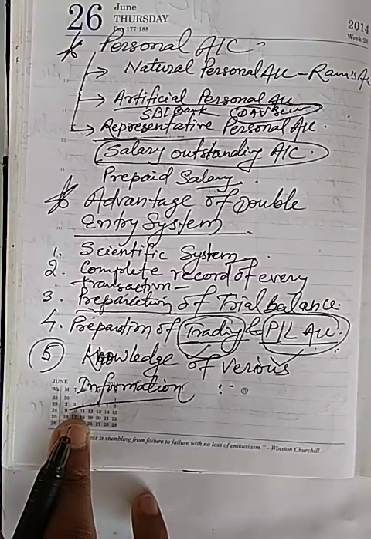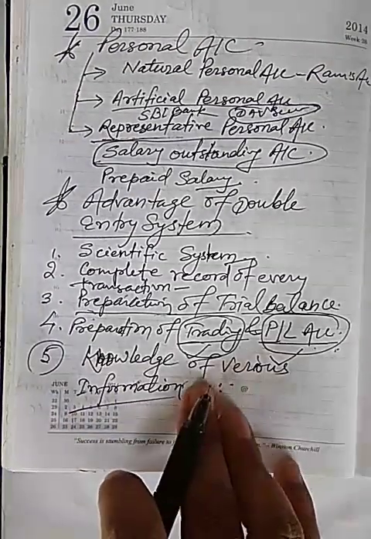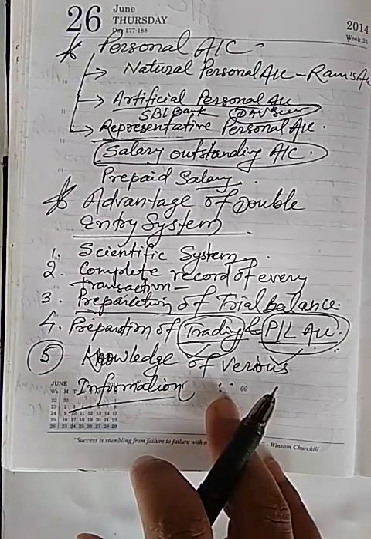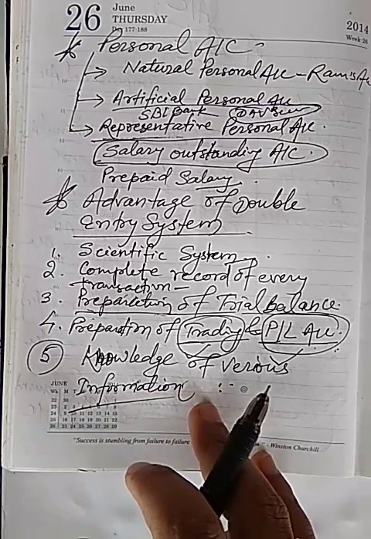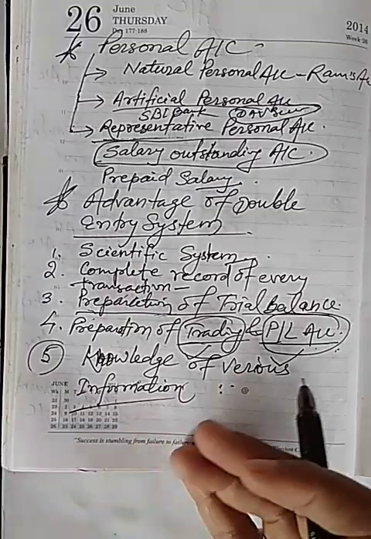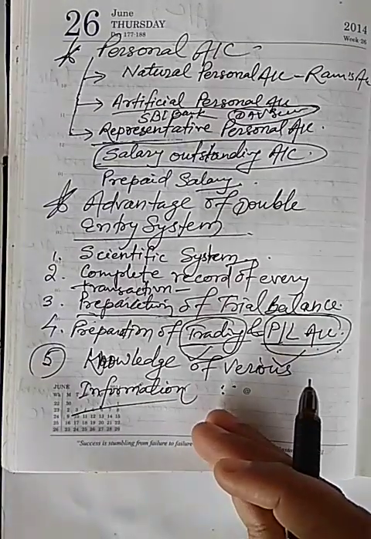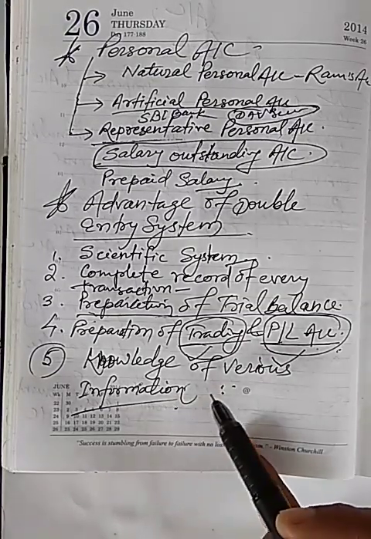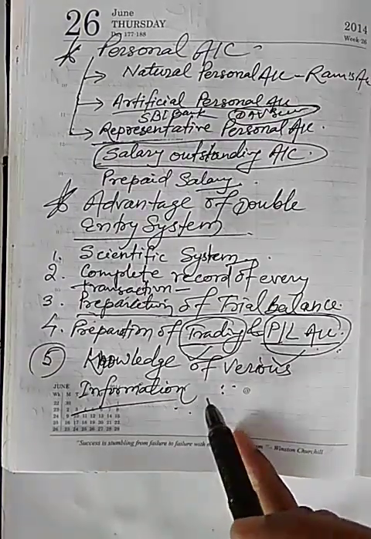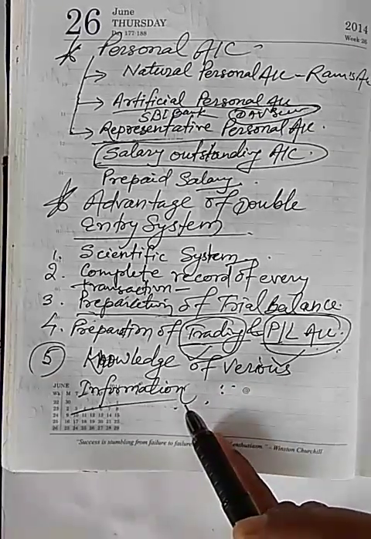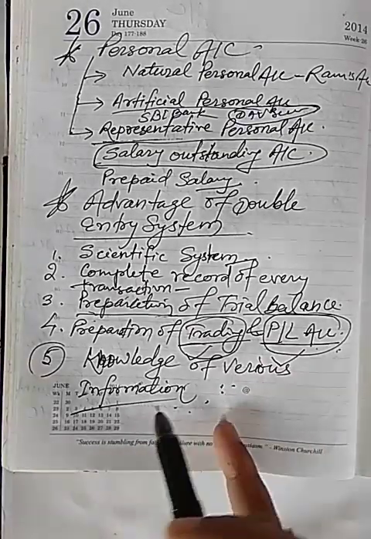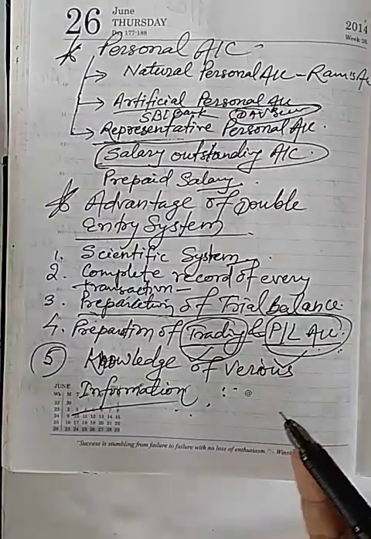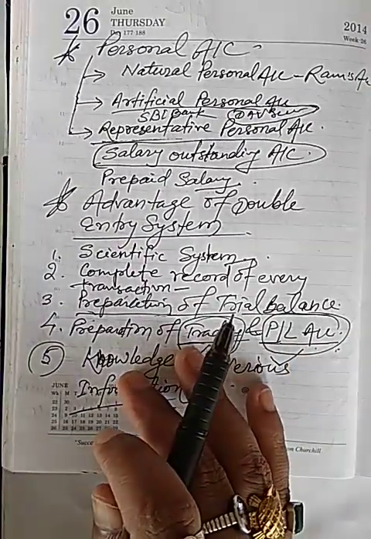For example, what is the amount of sale, purchase, closing stock, etc. are available at all times. How much amount has been paid on account of each head of expenses separately is available all the time. So it gives knowledge of various information.